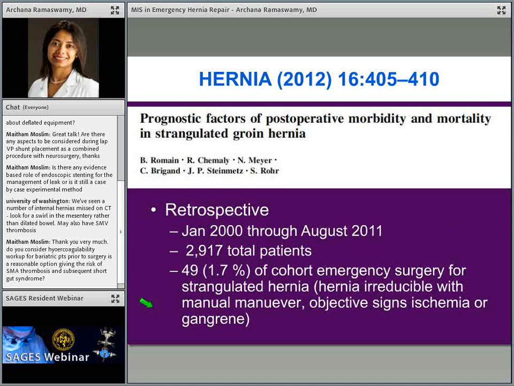So what are the prognostic factors that help potentially guide us in terms of how we should choose the correct patient to approach laparoscopically? Since there still is definitely a debate on how we should surgically manage these patients. This is a retrospective study looking at a large series of cases where a small percentage were emergency surgery for strangulated hernias.